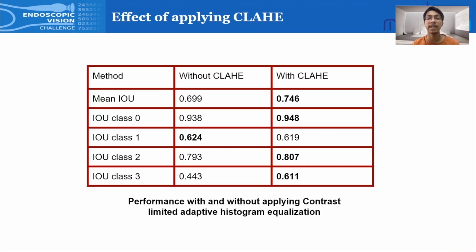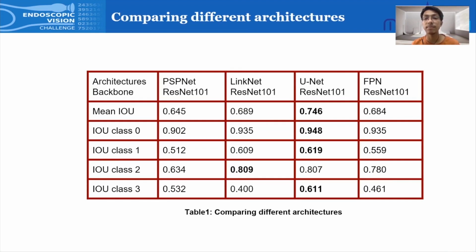We validate our pre-processing by training images with and without applying histogram equalization. And as we can notice, the IOU has increased from 0.699 to 0.746 after applying CLAHE. We also analyzed different architectures' performance including PSPNet, LinkNet, UNet, and feature pyramid network.